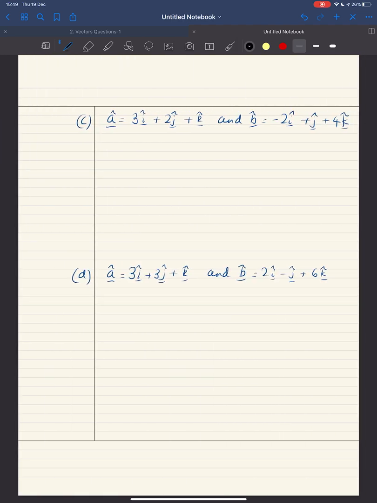Right, C. Again, I'll write out here. Same for 3D vectors, which is what we've got here. Write it out enough times, you'll start to learn it. Okay, so exactly the same for these ones. A dot B, (3, 2, 1) dotted with (minus 2, 1, 4).